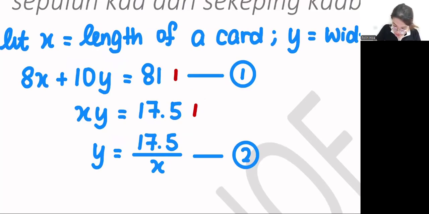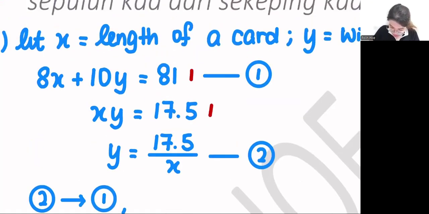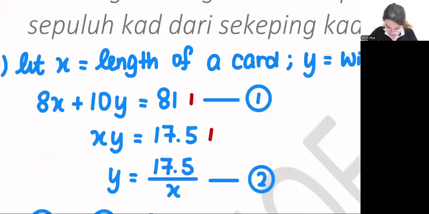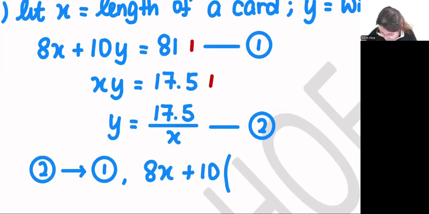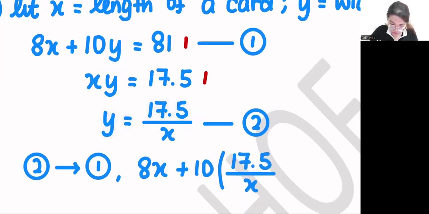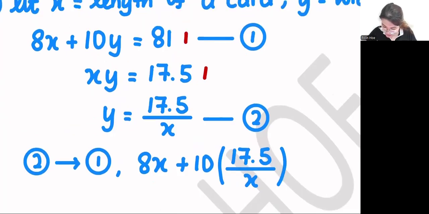When you substitute equation 2 into equation 1, because one is linear and one is non-linear, 8x plus 10y equals 81.